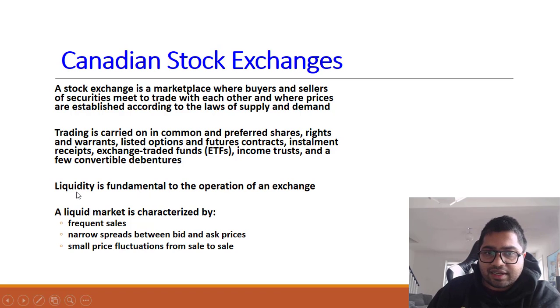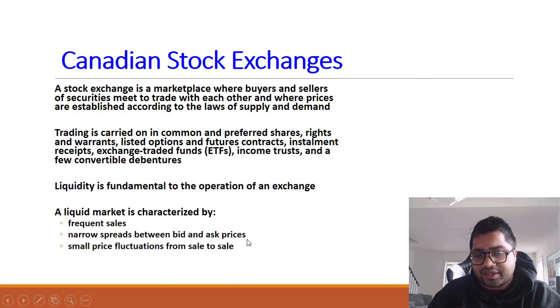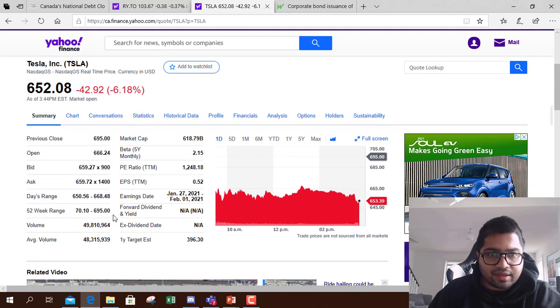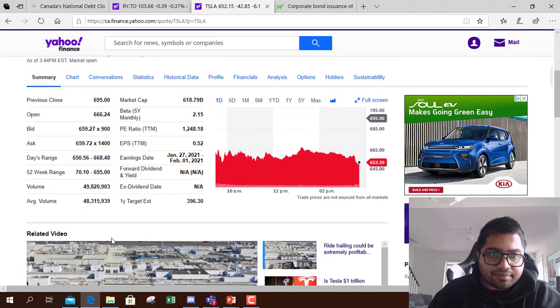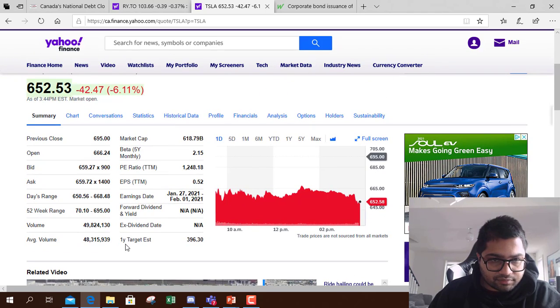Liquidity is fundamental to the operations of exchanges. A liquid market is characterized by frequent sales and a narrow spread between ask and bids. So if you look at Tesla, the ask and bid spread, okay, the bid is 259.27 and the ask is 259.72.